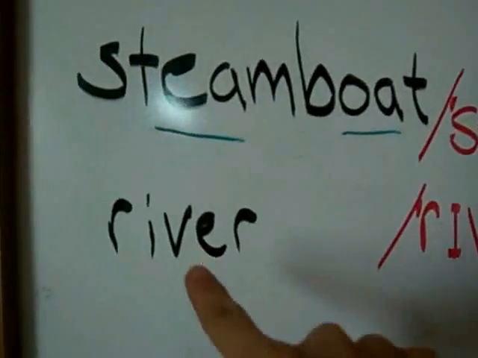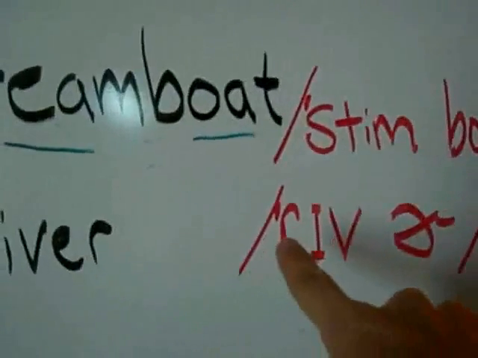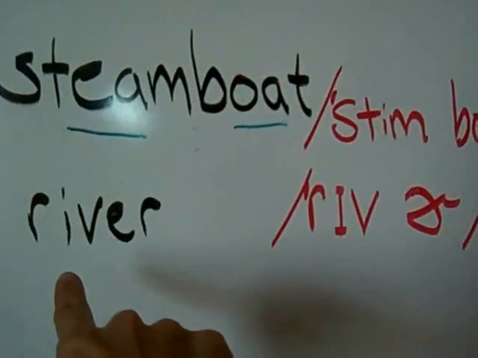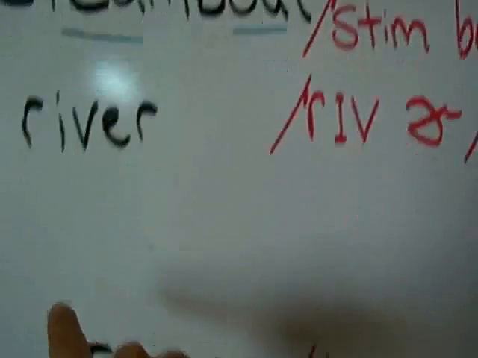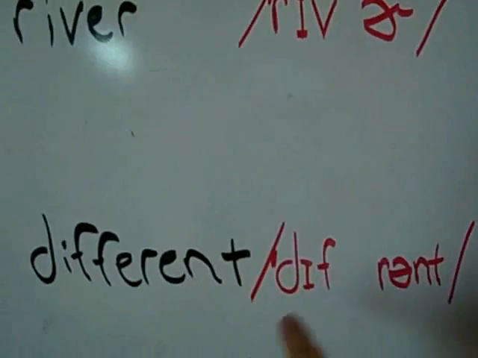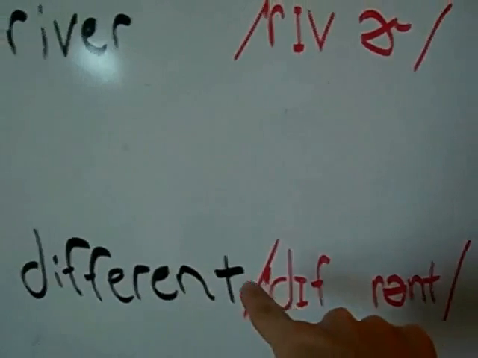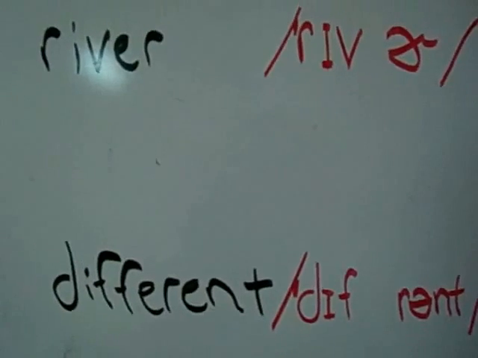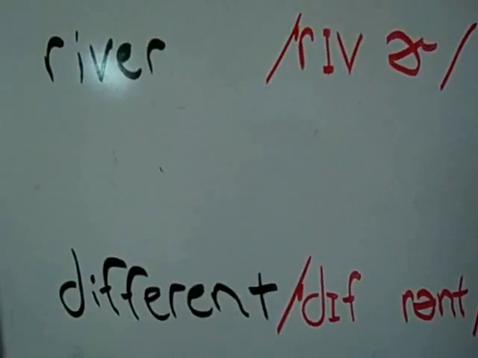River, you'll either hear people speak or you'll look in a dictionary and understand that the first syllable is stressed, river. And in this last word, again, you'll either look in a dictionary or hear people speak and they'll say different, stress on the first syllable.